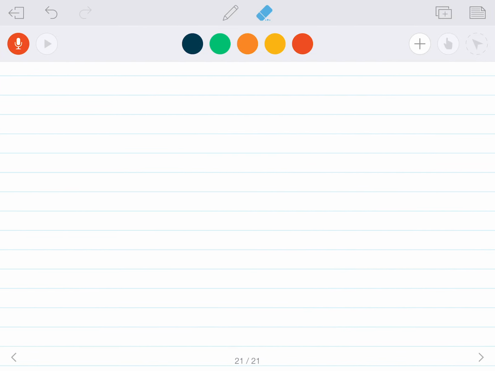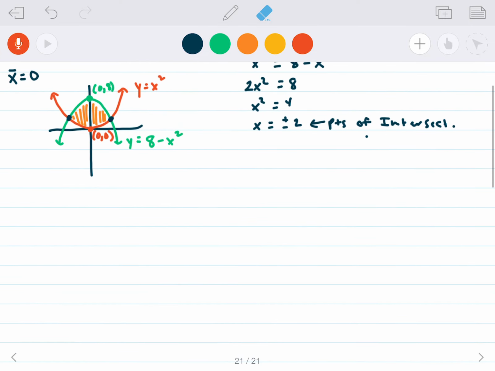Okay, doing our y bar calculation now. So y bar, again, we're going from negative 2 to 2.